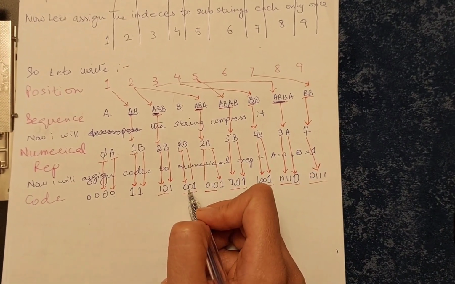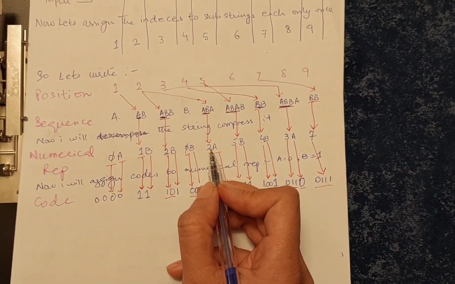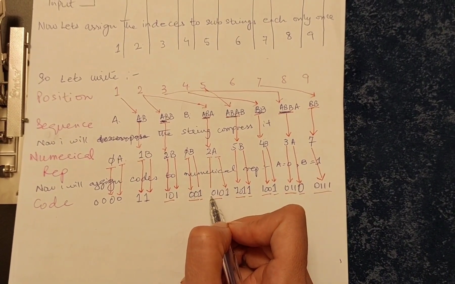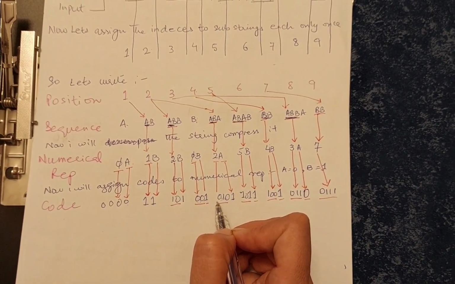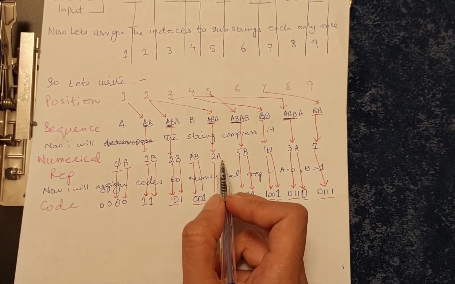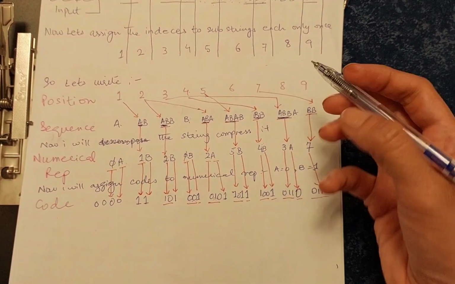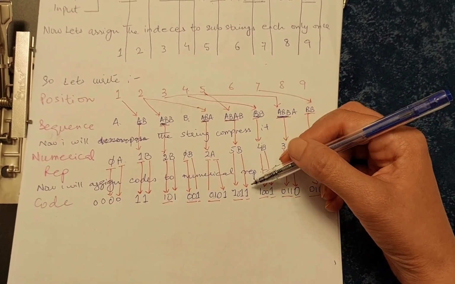Phi is again 0 0, and B is 1, so this code is 0 0 1. And 2 is 0 1 0. Okay, 2 is 0 1 0, so A is 1 0, so this will be the code. And 5 is 1 0 1, so B is 1.